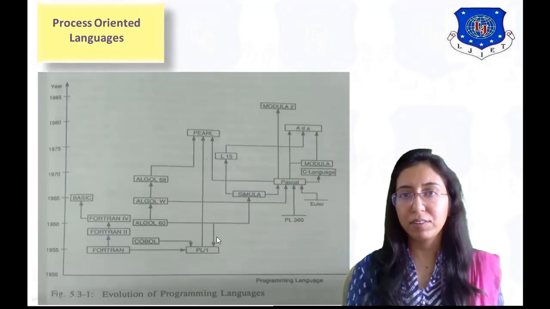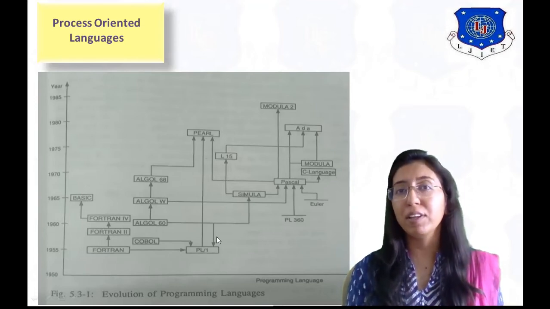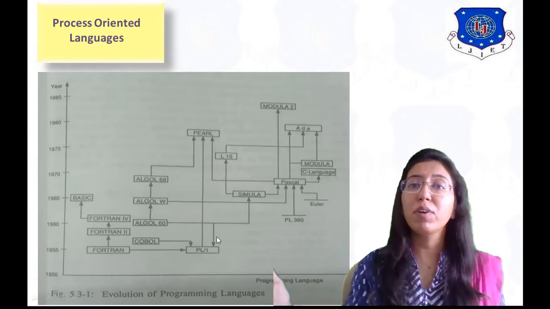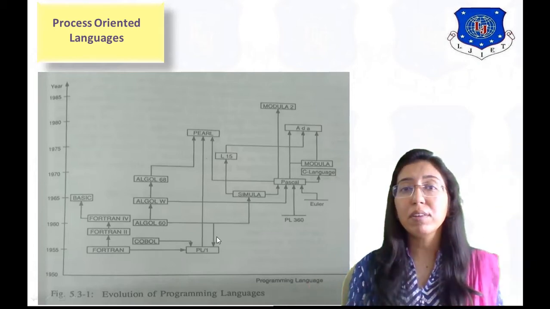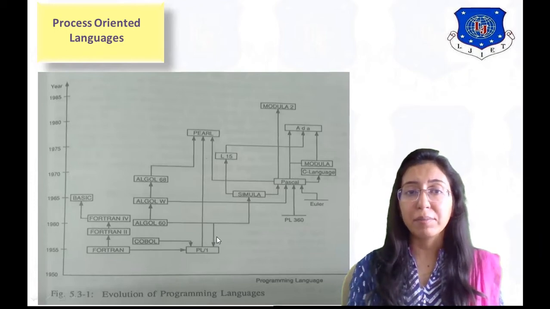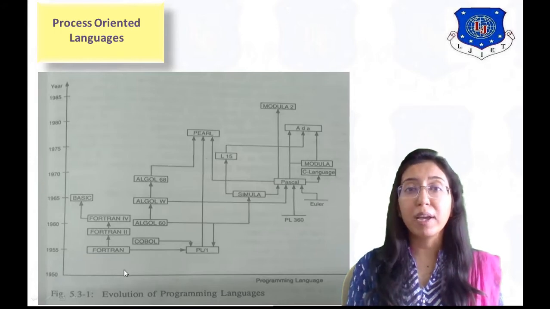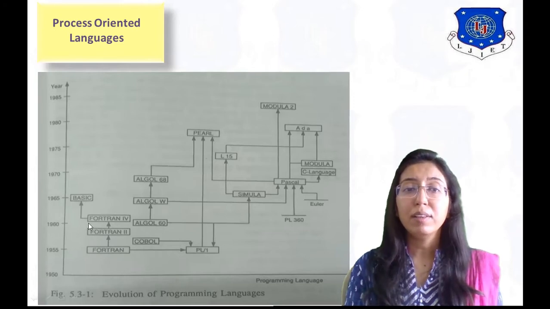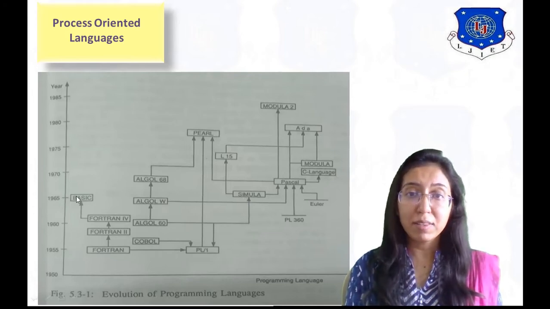Process oriented languages. Here the evolution of programming languages is shown in this diagram. On the x-axis different programming languages are shown, and on the y-axis you can see the timeline. In 1955, Fortran programming language was used. Then after Algol, then Simula, Basic.